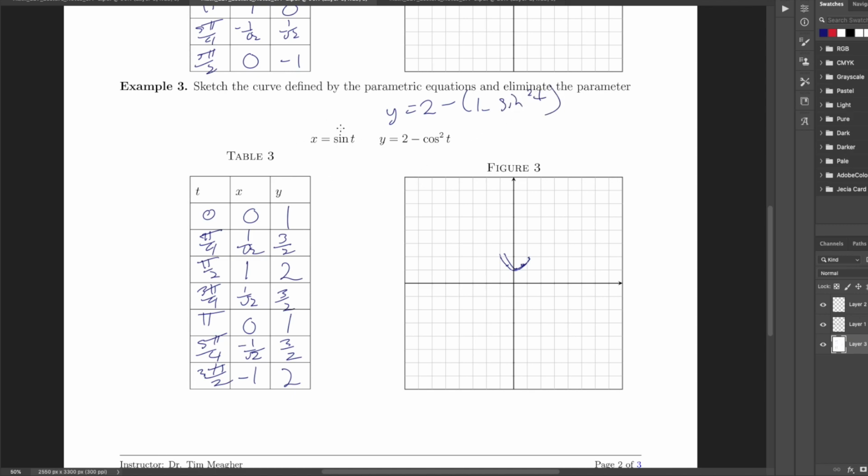But do I know what sine squared t is? Yeah, it's x. So here I'll have y equals 2 minus the 1 minus x squared, which is just equal to y equals 1 plus x squared. But notice that since sine of t has to be between negative 1 and 1, x can only be between negative 1 and 1, so this is what we get here. Okay.